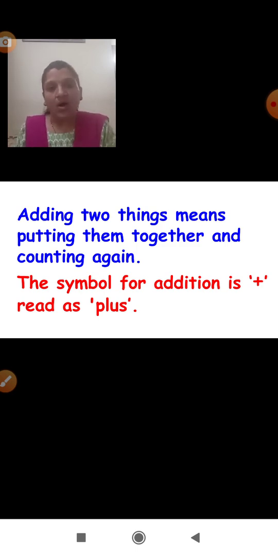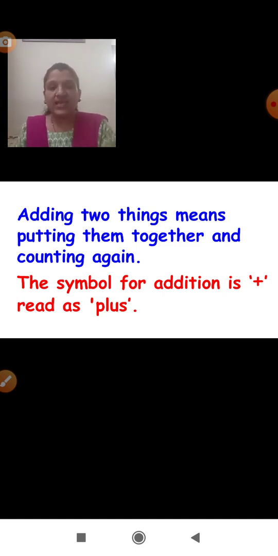This is called addition. And while writing, we use a symbol for addition like this. A standing line and a sleeping line, which is read as plus. We call it plus.